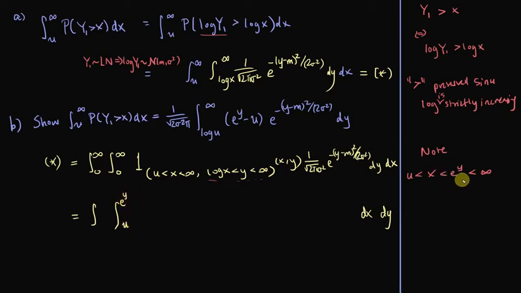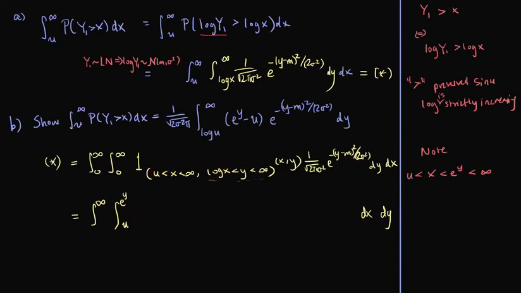What about y then? Well, first of all, y must be smaller than infinity. So we have that one. However, y must be greater than log x. And you know that x must be greater than u.